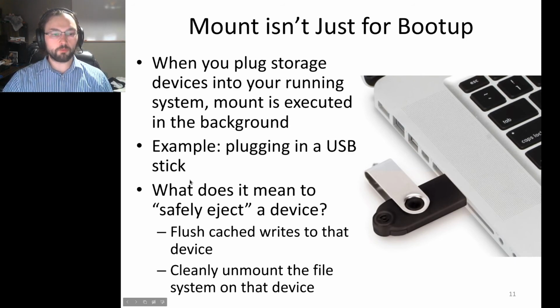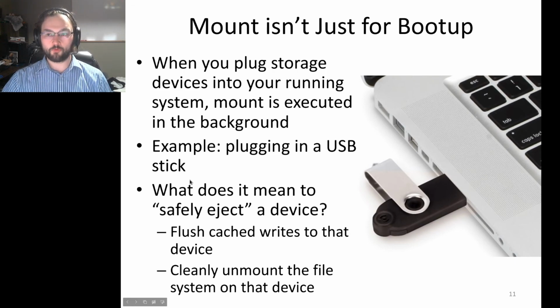But the purpose for this mechanism is that one of the things that we do with file systems is we cache data that's written to the file system in memory. Memory is drastically faster than disk, and that's especially true for removable devices, which tend to be relatively slow.